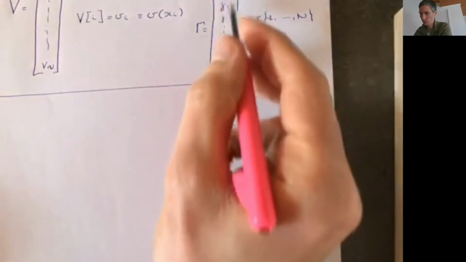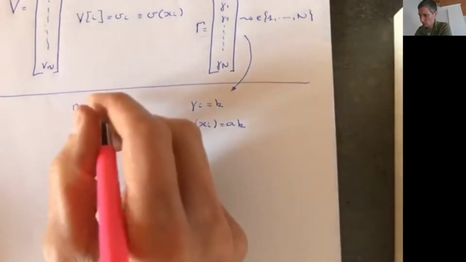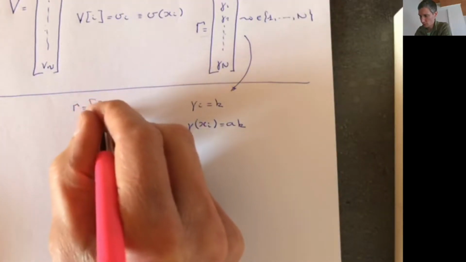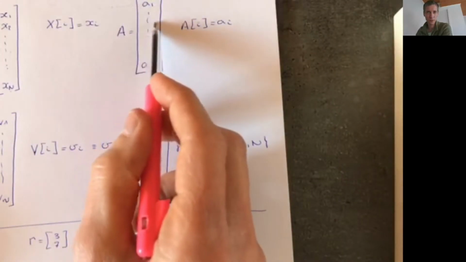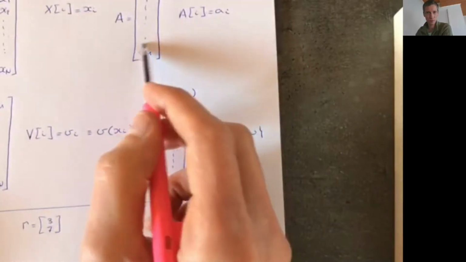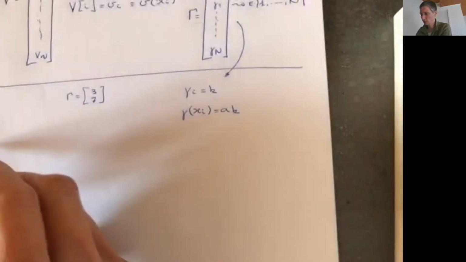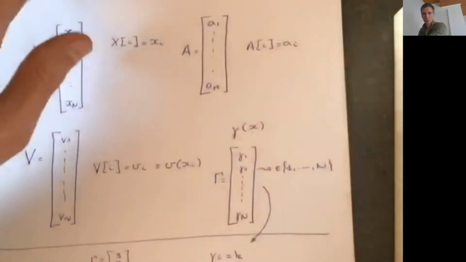For example, if we have two states, 1 and 2, then gamma is equal to, for example, 3, 7, and says that at state 1 the best thing to do is to take action A3, the third value of the action vector. At state 2 the best thing to do is to take the 7th element of the action vector. So this is basically how we're going to store everything.